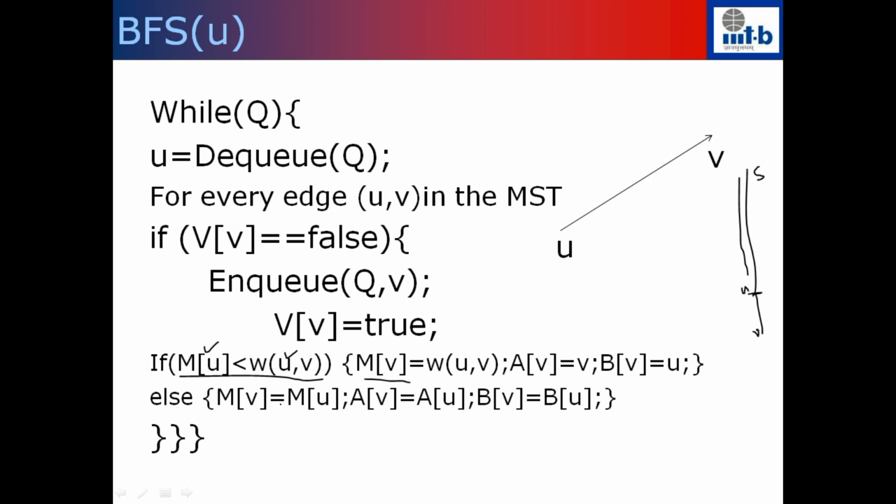In that case, I set my m of V to be m of U, and the corresponding edge is A of U comma B of U. So I set A of V to be A of U and B of V to be B of U. That means A of U comma B of U is the maximum weighted edge on the path from S to V. So the same edge will continue to be the maximum weighted edge from S to V. I update my A and B accordingly.